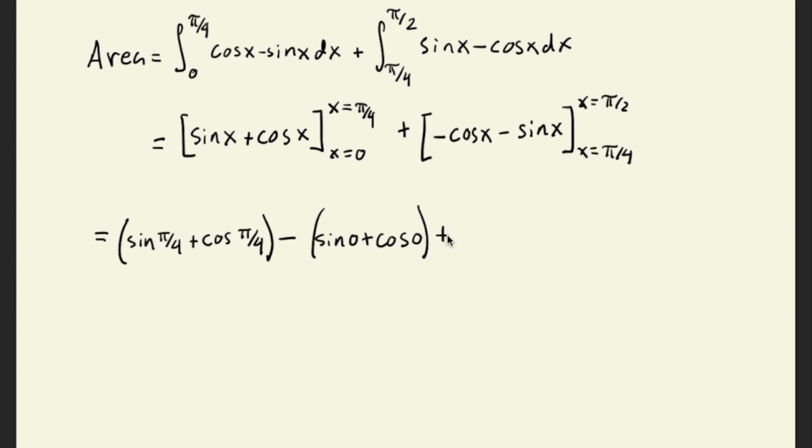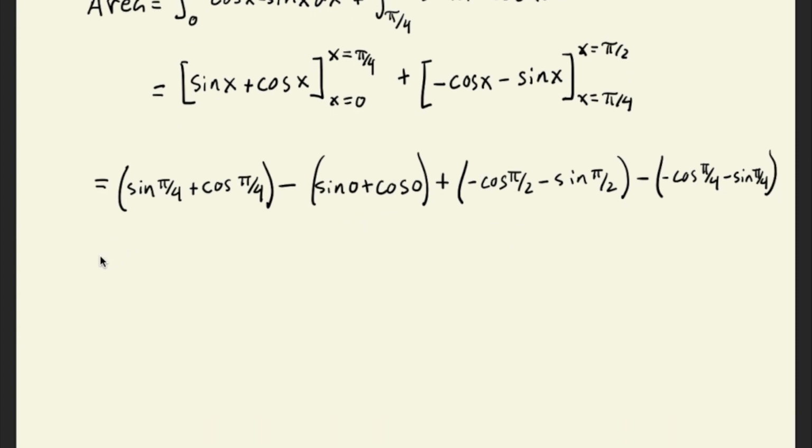Plus the top term with pi over 2, negative cosine pi over 2, negative sine pi over 2, minus the bottom term, so negative cosine pi over 4 minus sine pi over 4. Almost running out of space here.